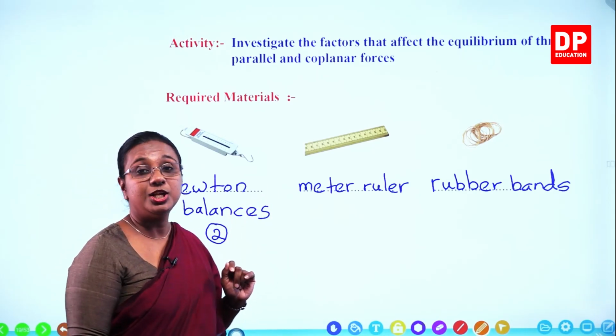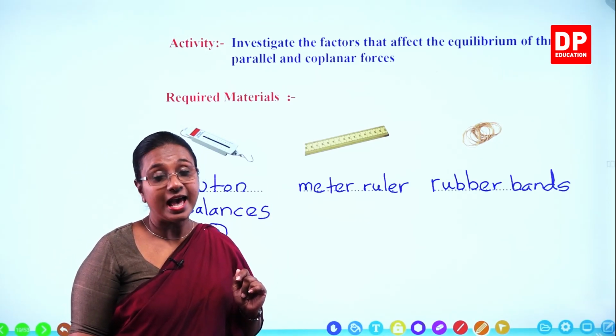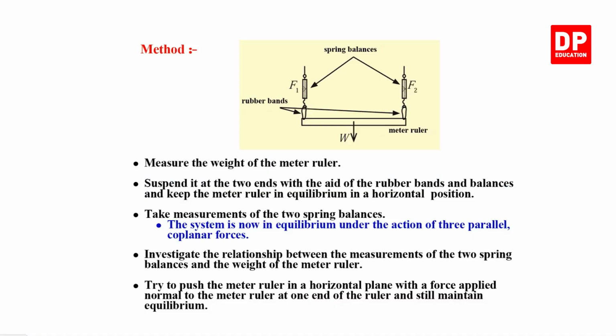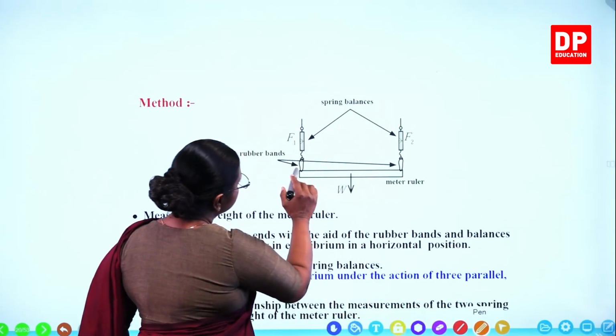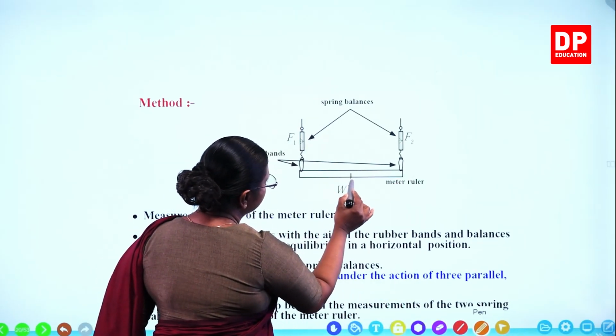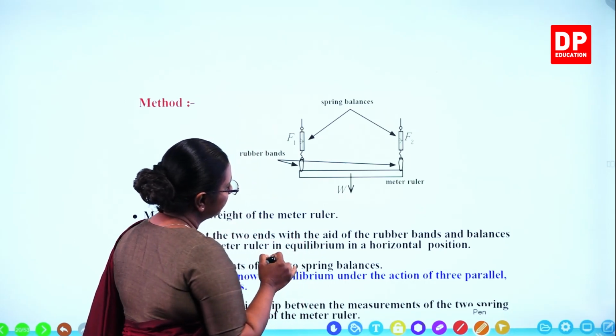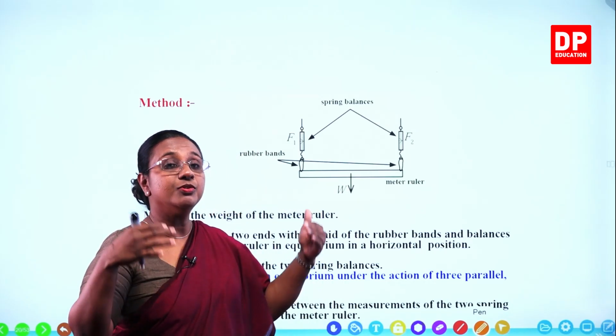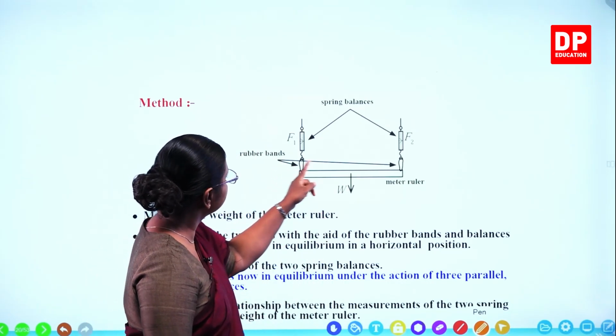So I'll explain to you all how we are going to do this activity. This is the method. You can look at the diagram here. So here you can see this is the meter ruler and the weight of the meter ruler will act downwards when you suspend it using the rubber bands.